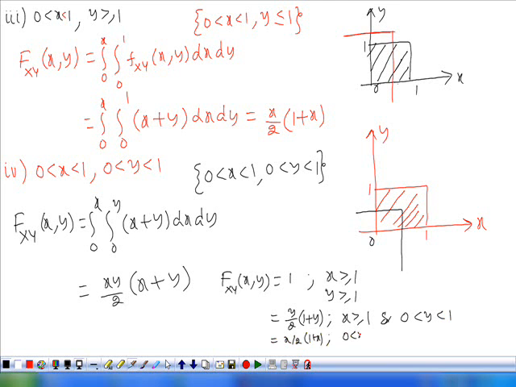Here finally xy by 2 into (x plus y) when the values lie between 0 and 1.